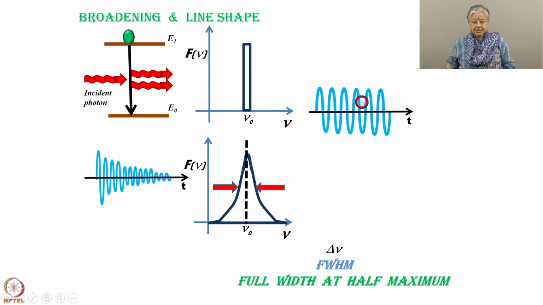The frequency in this sinusoidal wave is nu 0, it is one single line. It is shown as a fat line here, but it is just one single line. So, there is just one frequency.